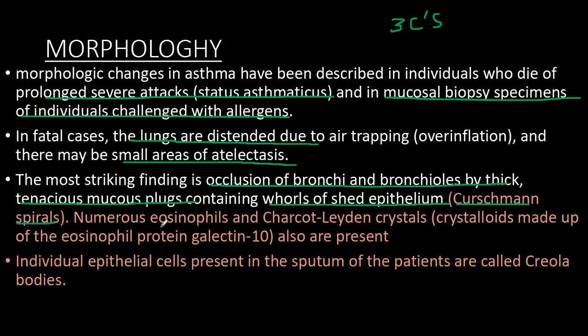You will also see the Charcot-Leyden crystals, which are crystalloids made up of an eosinophilic protein known as galectin-10. You will also see what are called Creola bodies, and these Creola bodies are simply clusters of epithelial cells. So please remember those 3 C's: Curschmann spirals, Charcot-Leyden crystals, and the Creola bodies.